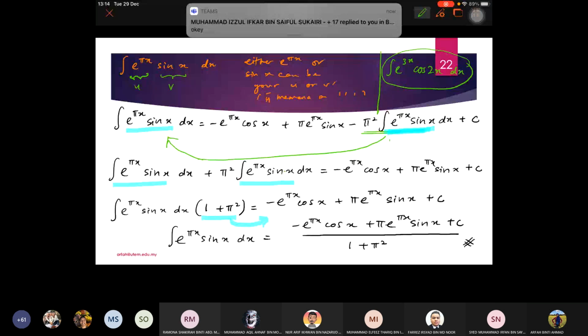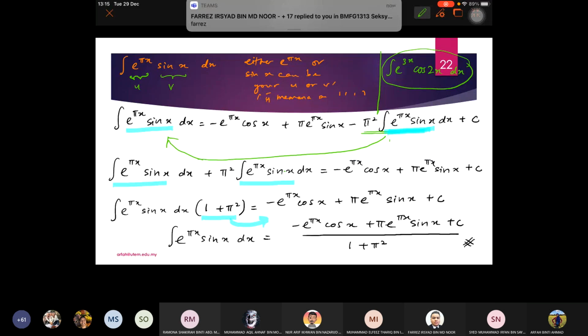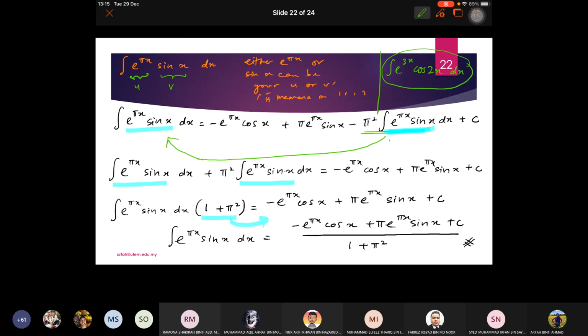Memang semua ada dua nama. 3 nama. Faris Irsyad panggilnya apa? Riz. Ke Syad. Ke Ir. Muhammad Izul Ifka bin Saiful Sukri. Muhammad Afdal ni okey lah. 2 nama je. Tak boleh ke nama pendek-pendek je. Zul bin Saiful Sukari. Kan okey. Riz bin Madno.